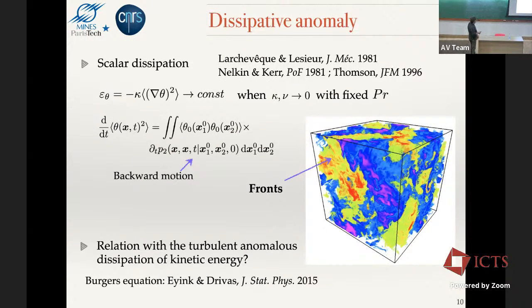What we can show is that this scalar dissipation goes to a constant when you make both diffusivity and viscosity go to 0 by fixing the Prandtl number, which is the ratio between the two. You fix the ratio between the two, you make the viscosity and diffusivity go to 0, and you maintain a finite dissipation of the scalar field.